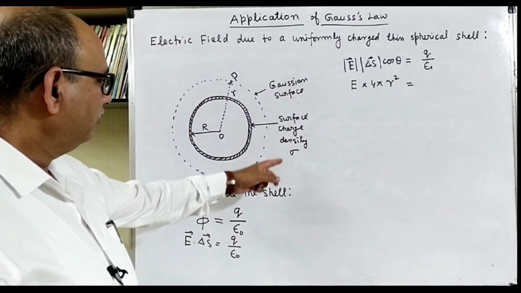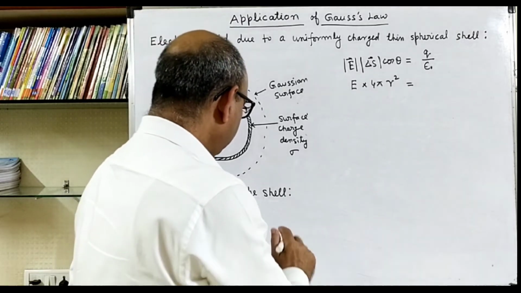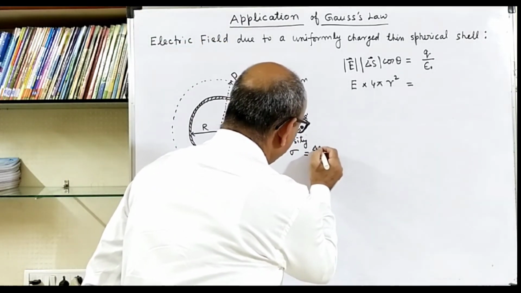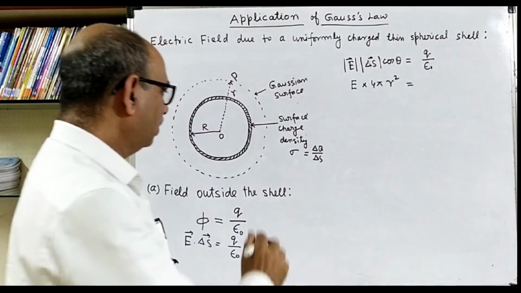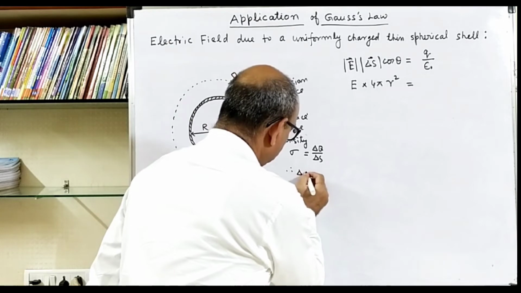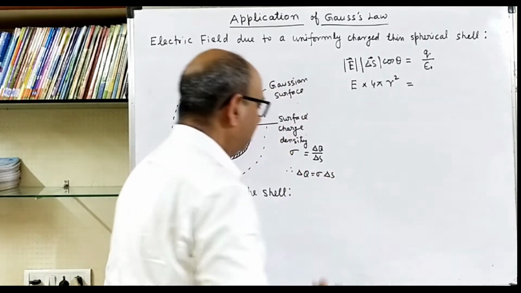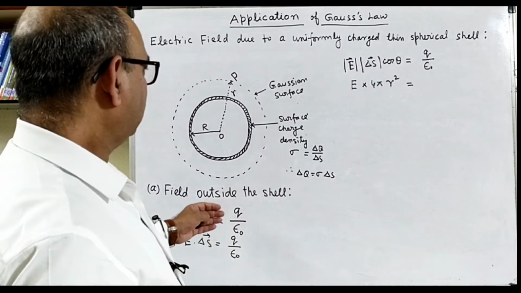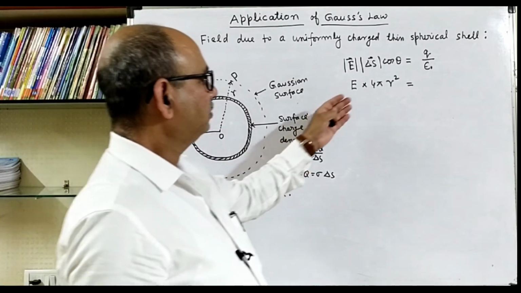Here we have the surface charge density as sigma. We know that surface charge density sigma is equal to delta Q divided by delta S. Therefore, delta Q is equal to sigma multiplied by delta S. Here we are considering the electric field due to the total spherical shell.